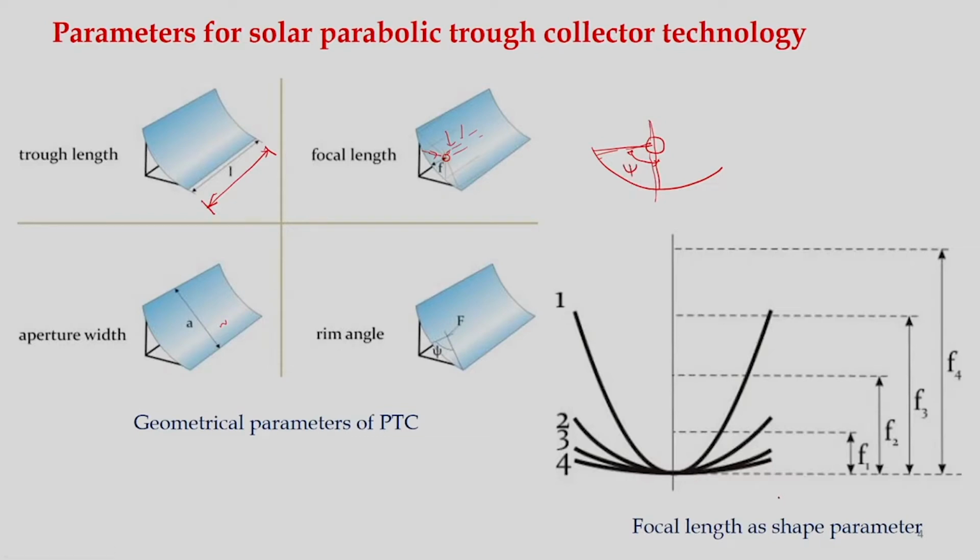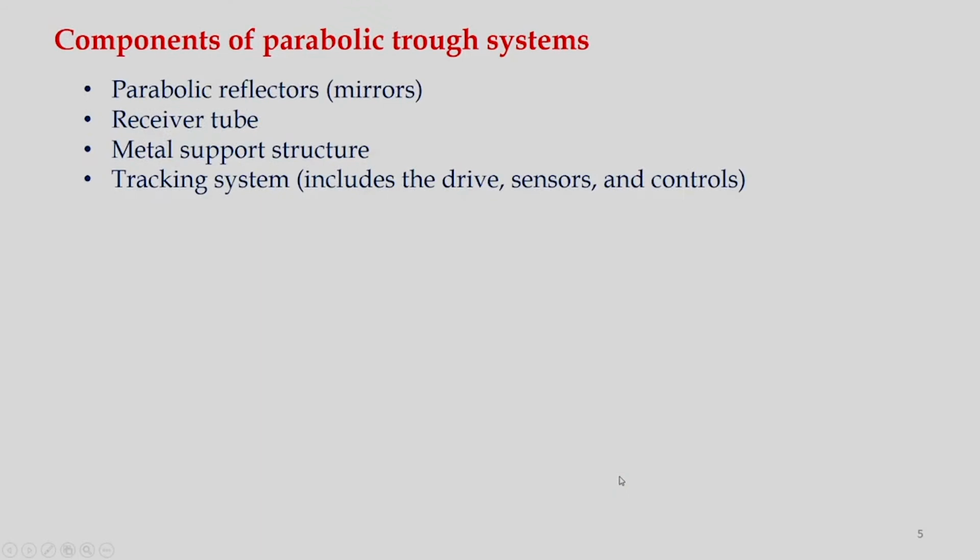And what you can see here is that if we use different arrangements, then we can have different focal points. For arrangement 1, you can see the focal point is here. For arrangement 2, the focal point is here. So, we can take the appropriate decision about what kind of focal length is required based on the devices used for reflecting the solar radiation. Okay.